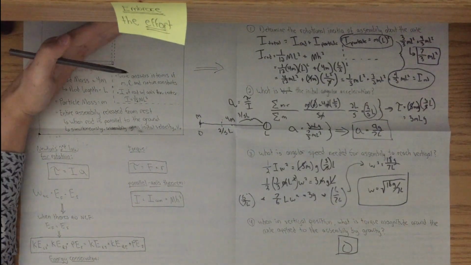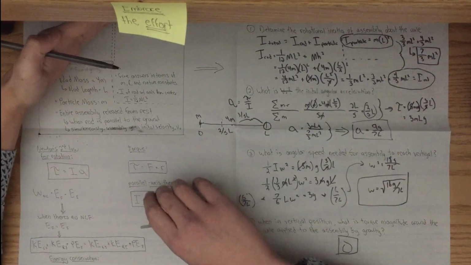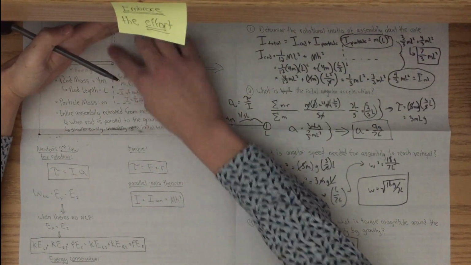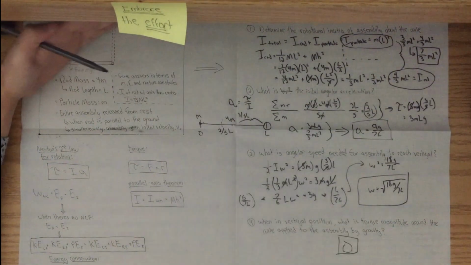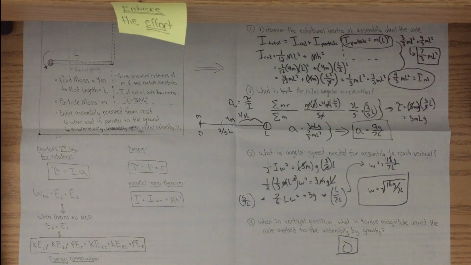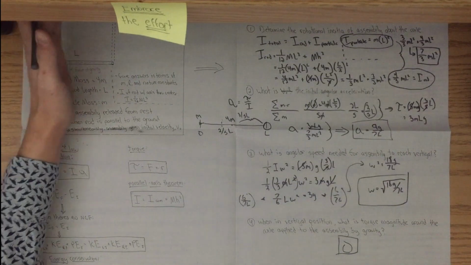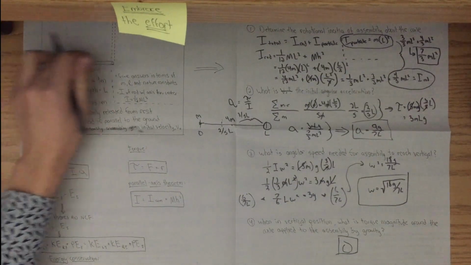Now, if I had a force that was going at an angle, like this, then the shortest distance would be here, and we would need to worry about it that way. But that's not the case. So we have a perfectly perpendicular force of gravity here, and we just need to worry about that.